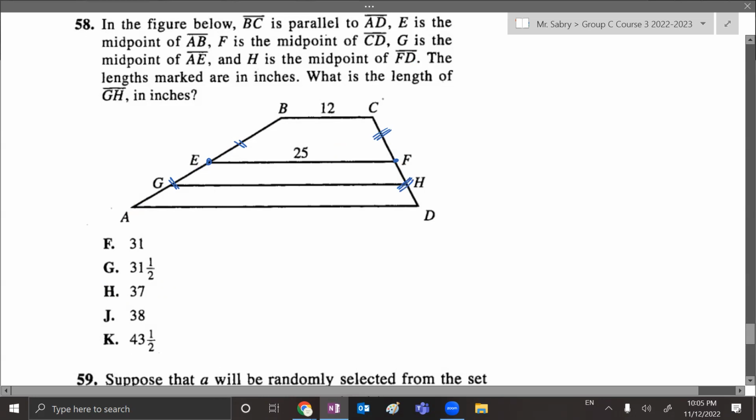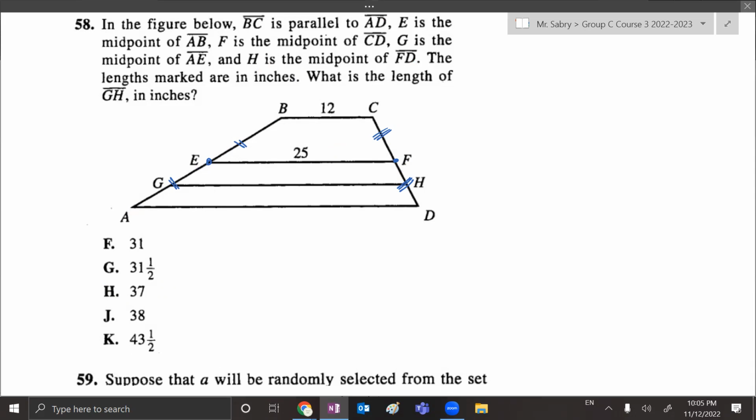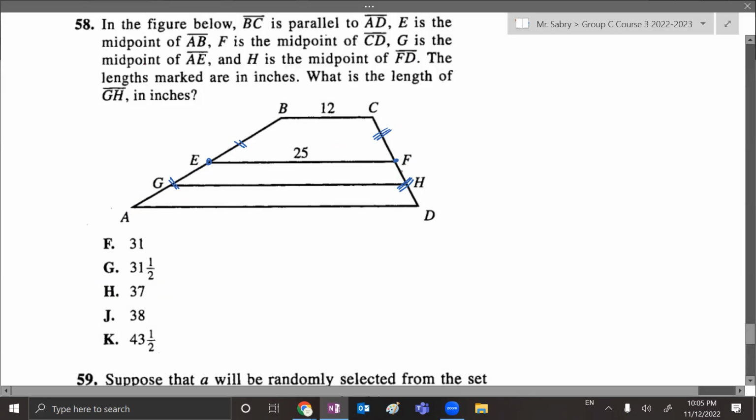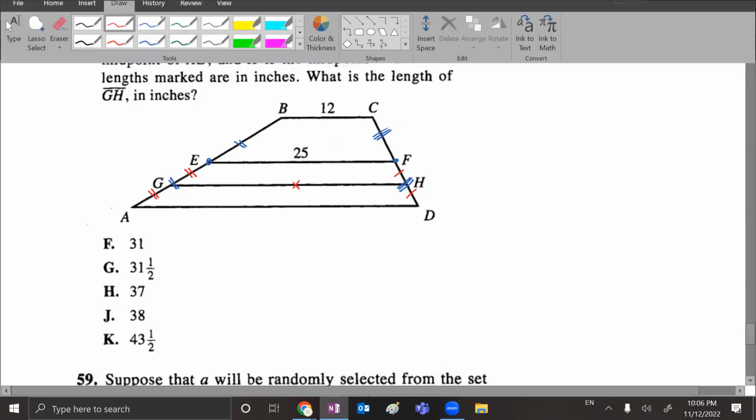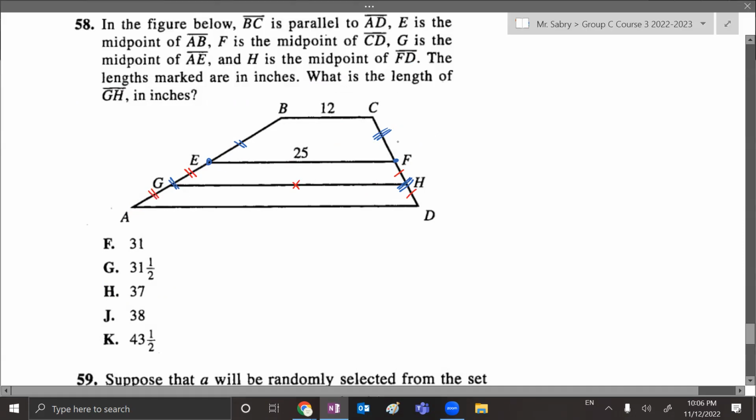H is the midpoint of that, so this is equal to this, and then this is equal to this. What is the length of GH? GH is this one here. So we'll work this one out step by step a bit. There are similar shapes and so on.